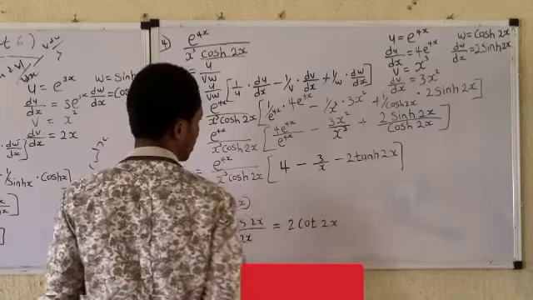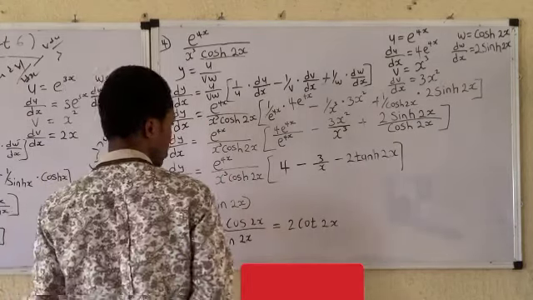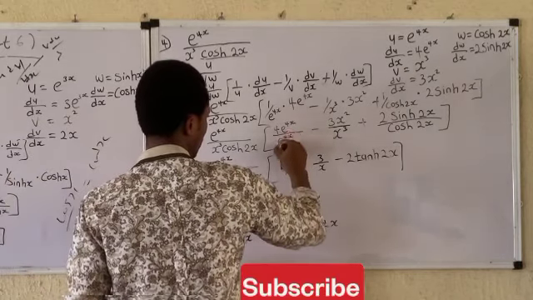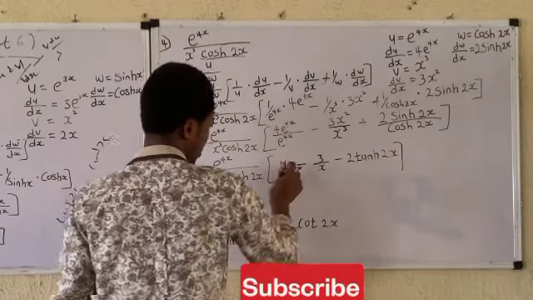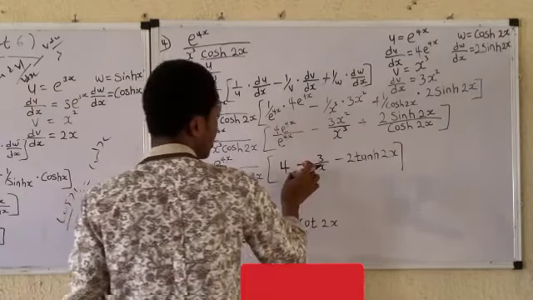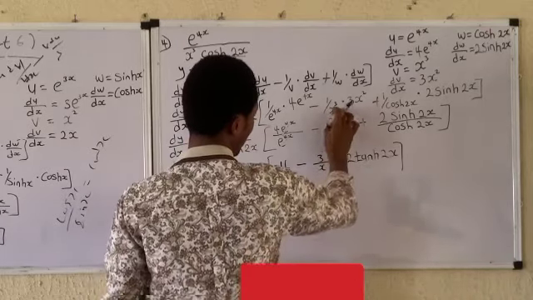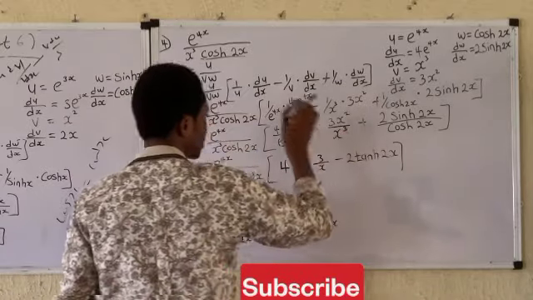Bracket open. Now here, since we are arriving at our final answer, we cancel out this one, which should give us 4 minus 3x squared over x cubed.